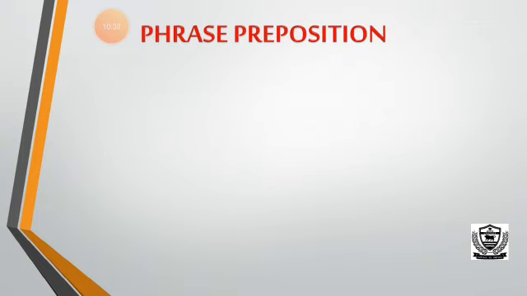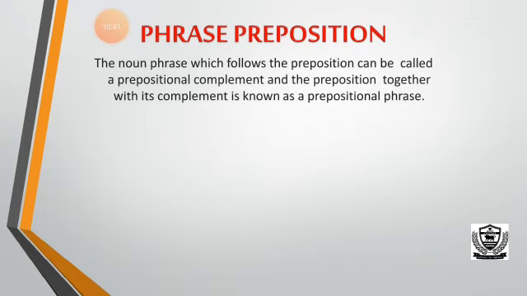The third one is phrase preposition. How can we define this preposition? The noun phrase which follows the preposition can be called a prepositional complement, and the preposition together with its complement is known as a prepositional phrase. So the group of words used with the force of a preposition is called a phrase preposition. In other words, a preposition can never stand alone.